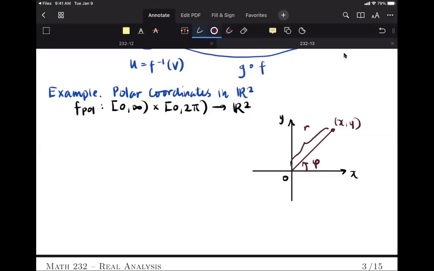So this would be defined as follows. I have an r and phi. So the x component would be r cosine phi, and then the y component is r sine phi.